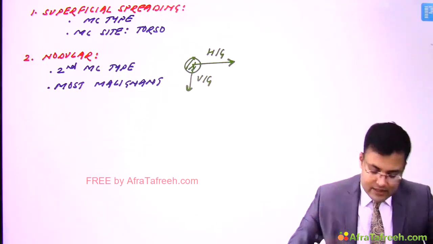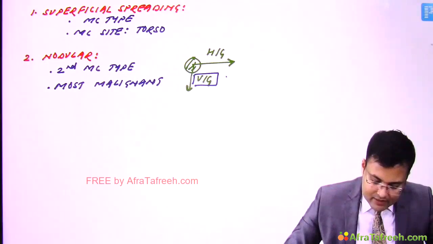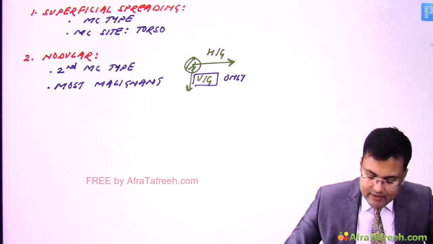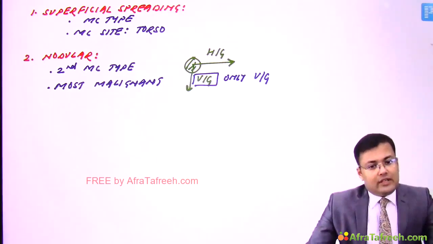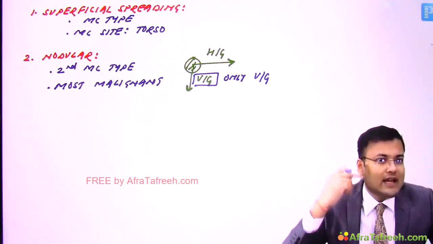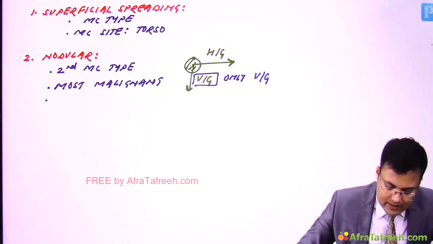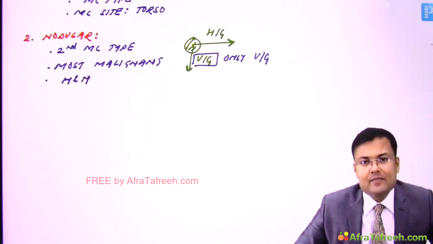What is the problem with nodular melanoma? That it has only the vertical phase. So it has only vertical growth, and because of this vertical growth, it is the most malignant. Clear? What is the most common site? It is head and neck. So the most common site of nodular melanoma is head and neck.